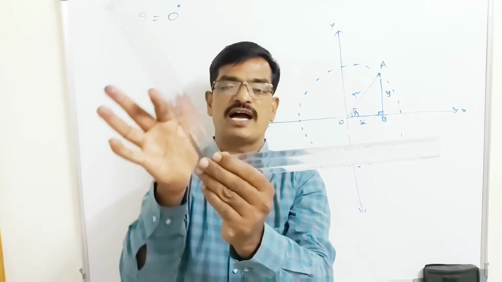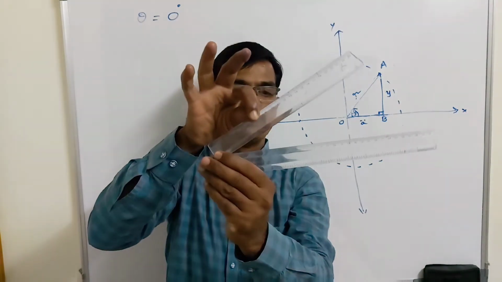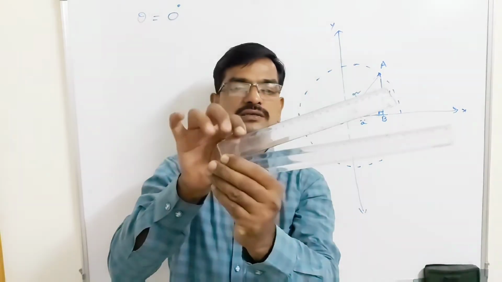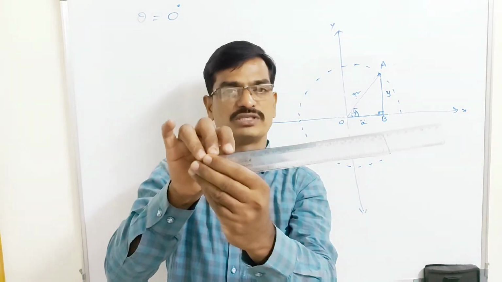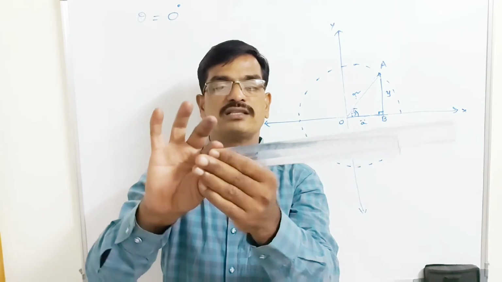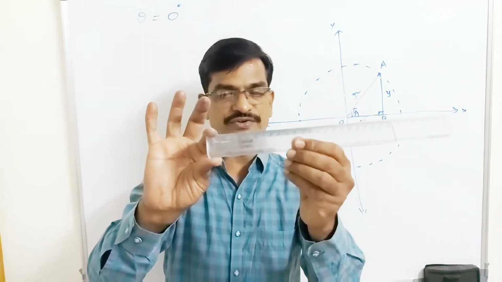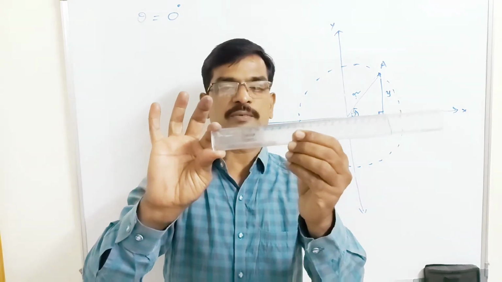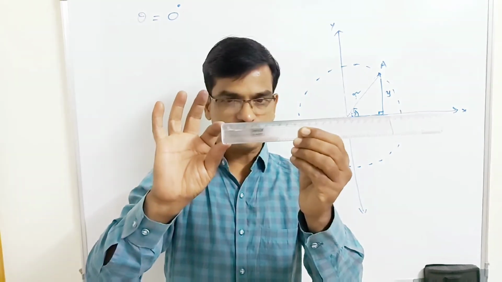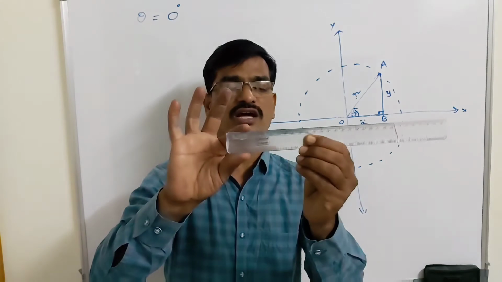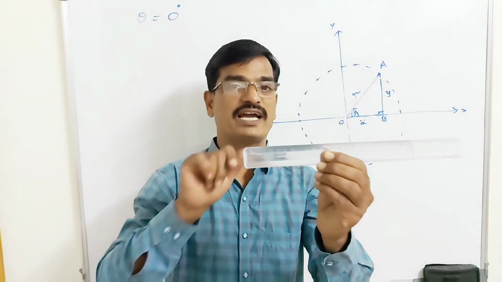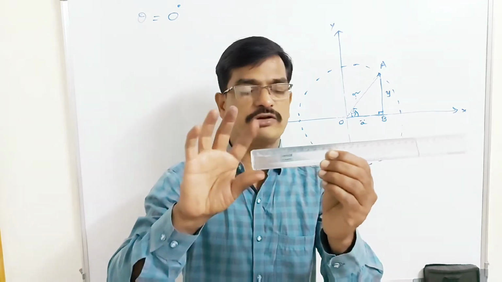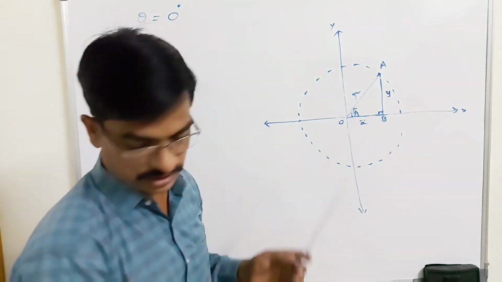If it rotates in the clockwise direction, the value of theta is reducing, and finally these two overlap and coincide with each other. Then there is no angle between them, that is 0 degrees. So in the first introduction of trigonometry, for 0 degrees also you have to draw ray OA and ray OB, without rotation. That is 0 degrees.